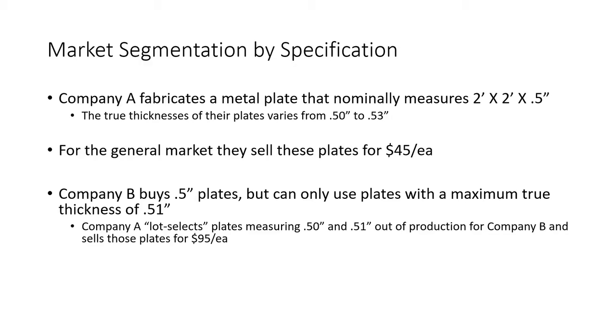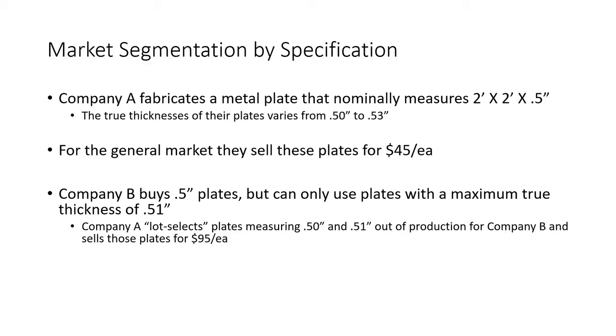Now, there's a company out there, Company B, that buys 0.5 inch plates, the nominal measurement 0.5 inches, but in fact, they can only use plates that have a maximum true thickness of 0.51 inches.